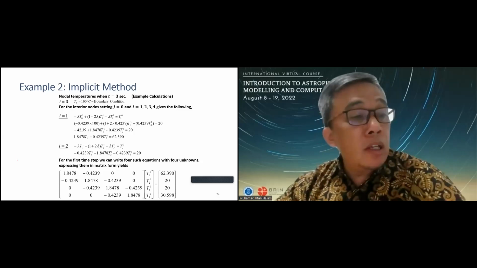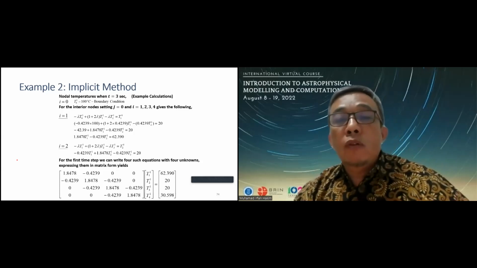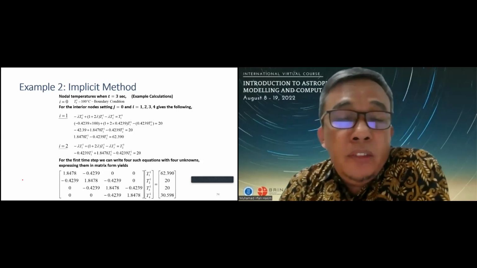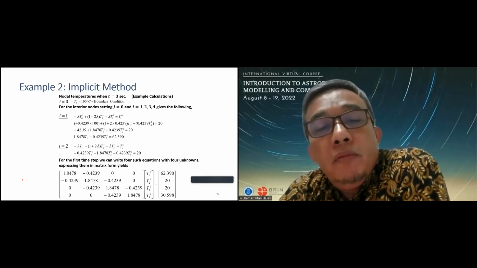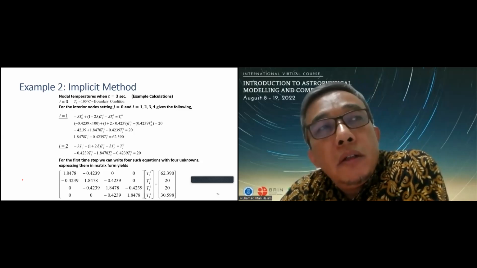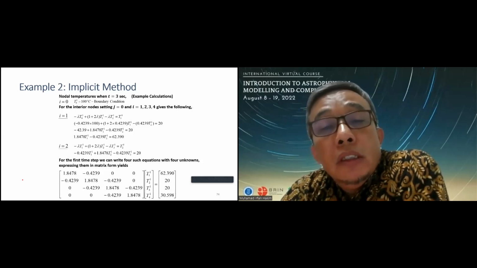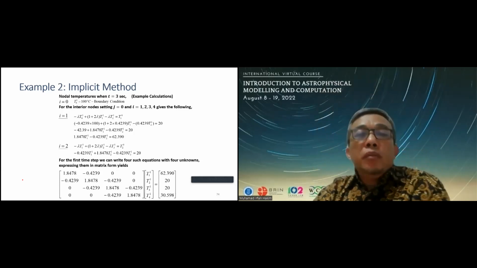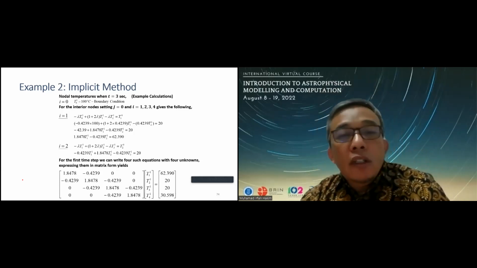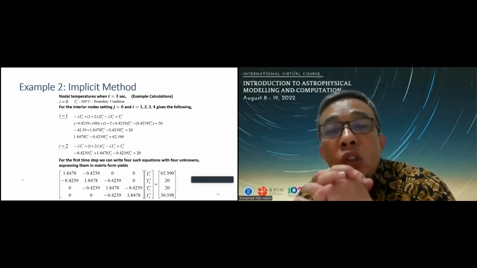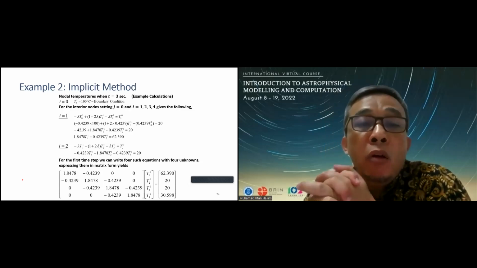This is a matrix of size 4 times 4. Relatively pretty small matrix size, but this is a very simplified example, and we have to look at a more efficient method to solve these matrix problems.